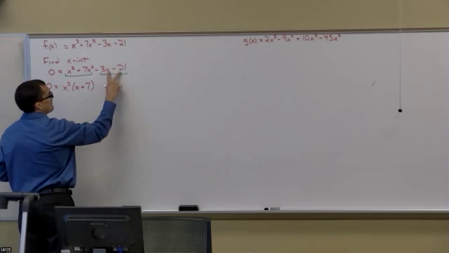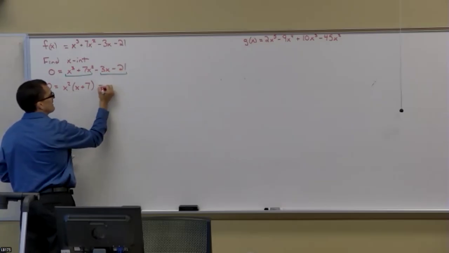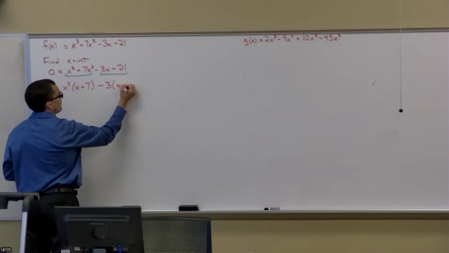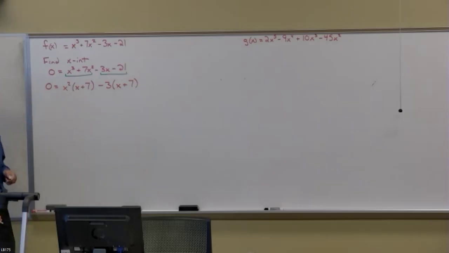The greatest common factor of the second pair is a negative 3. And if I pull that out, I'm also left with an x plus 7.